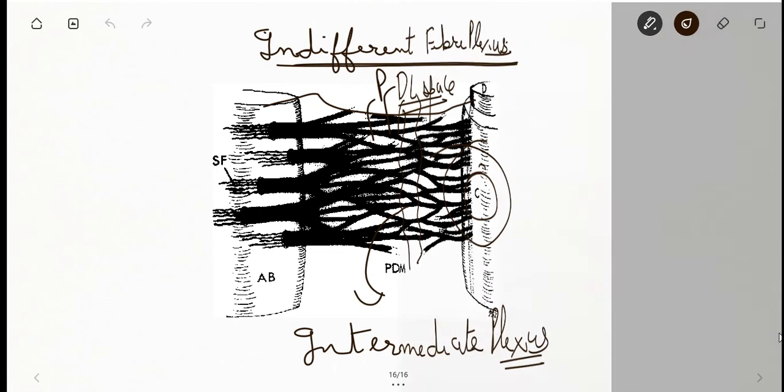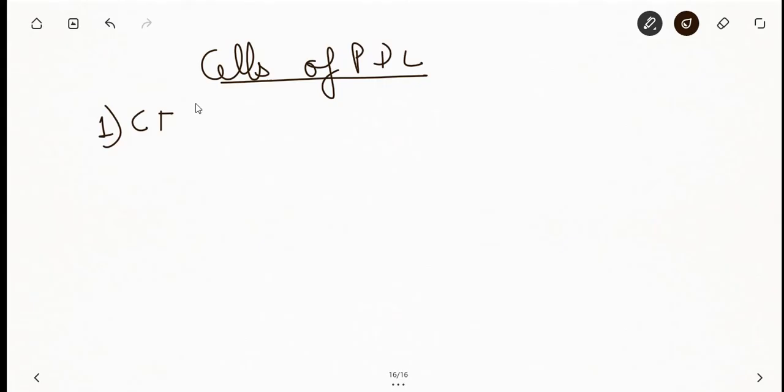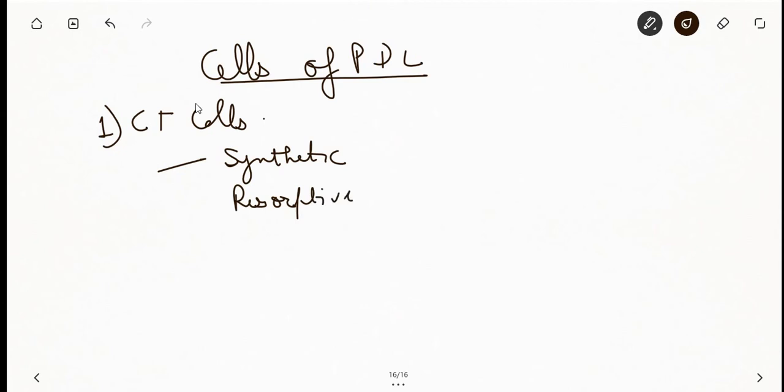Coming to the cells of the periodontal ligament. The periodontal ligament has various cells. Number one, connective tissue cells, that either could be synthetic cells or resorptive cells.